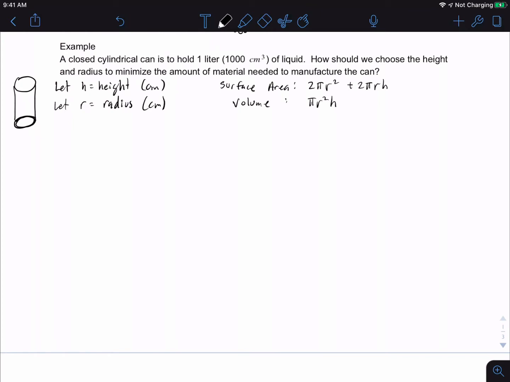And this problem is asking for the amount of material that's needed to manufacture the can. So since it's the material that we're going after, isn't that the surface area? So what we're going to be looking to manipulate is this formula here, because it's asking for material of the can. Does that make sense to you guys?